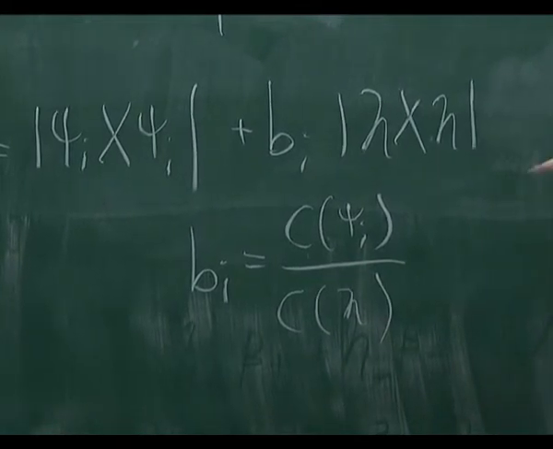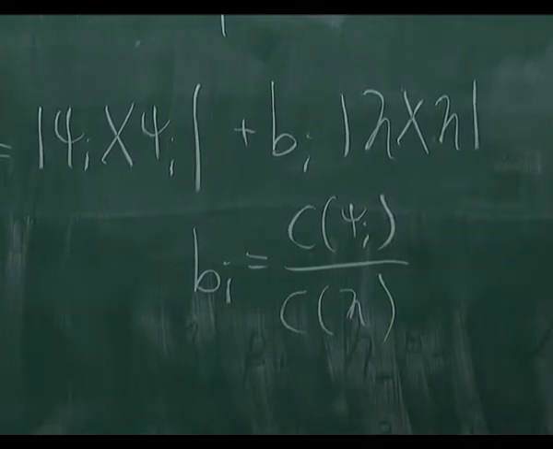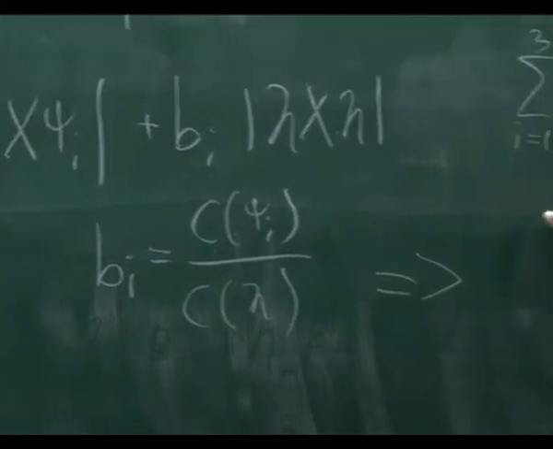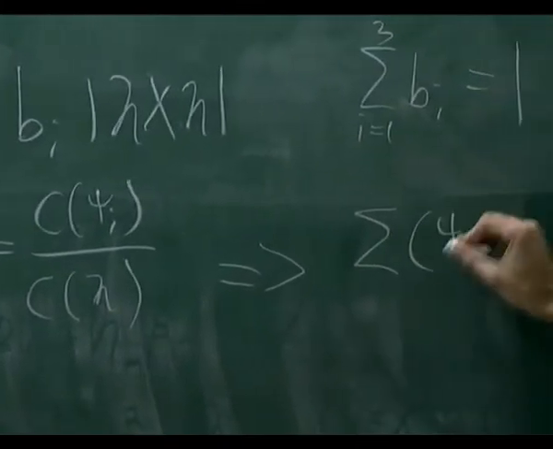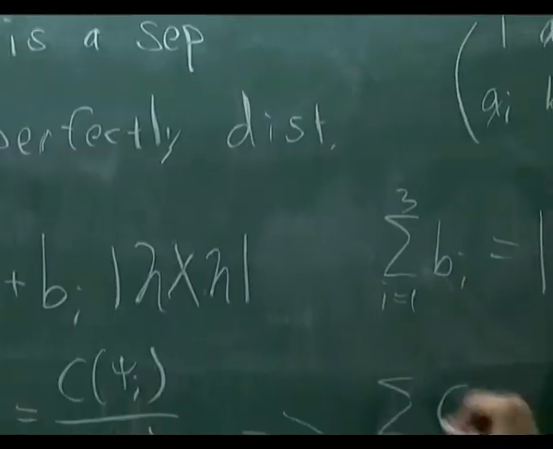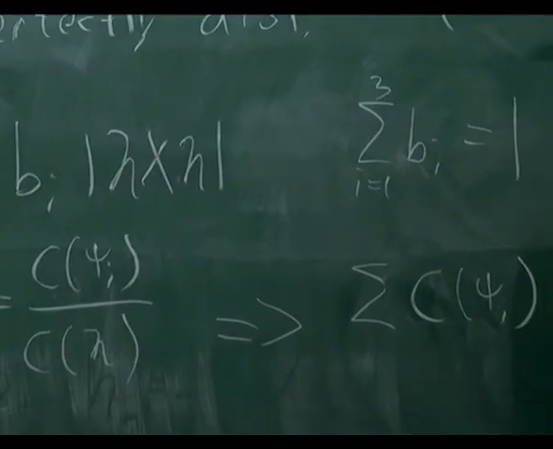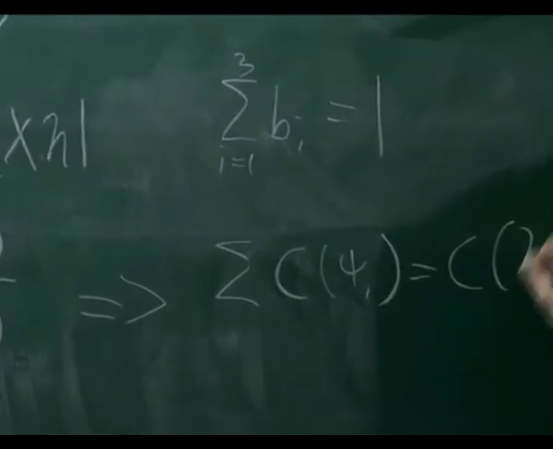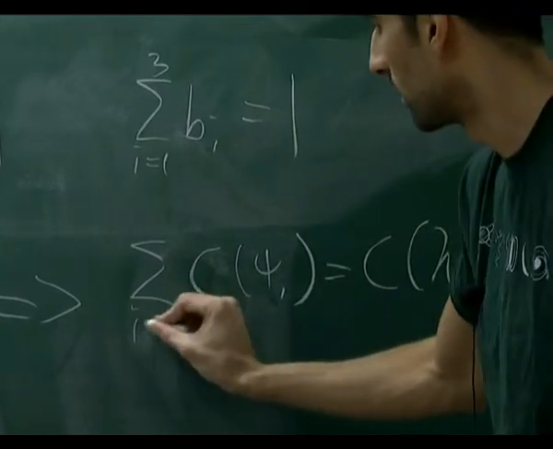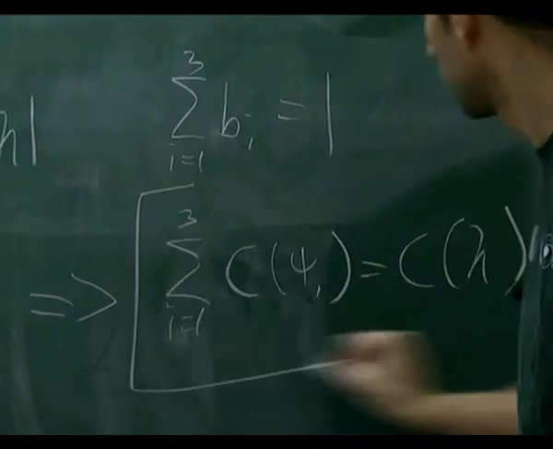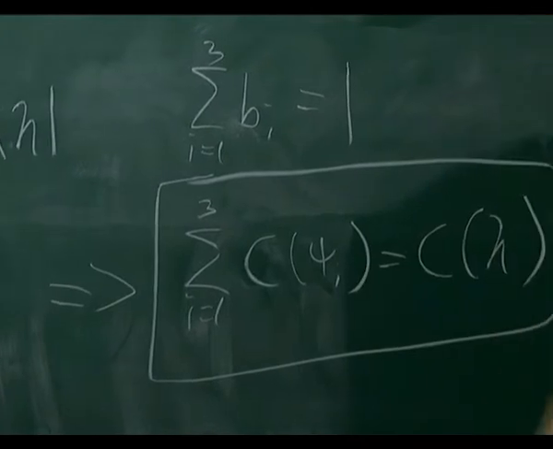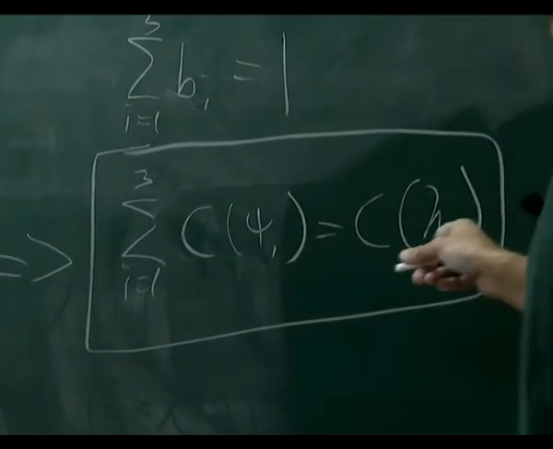All right, and now we just use this fact here. And so this implies that the sum of the concurrences is equal to the sum of the eta in the orthogonal complement.